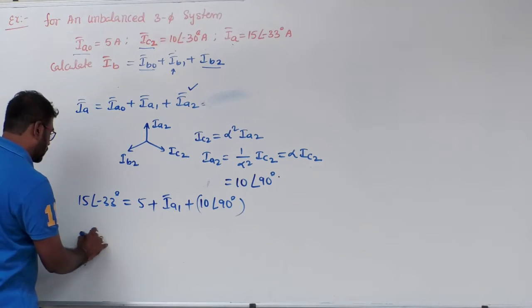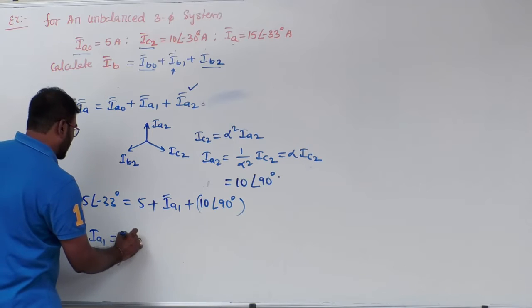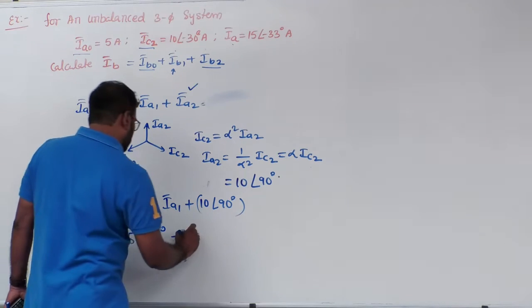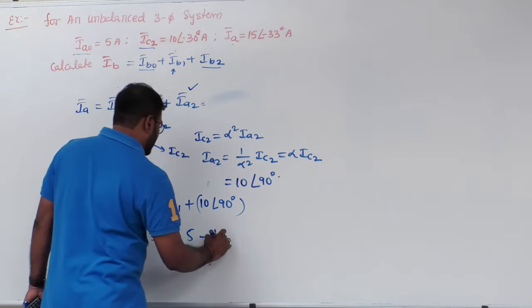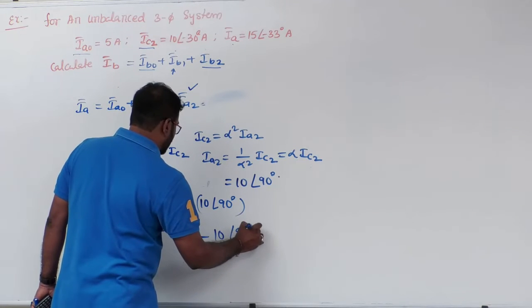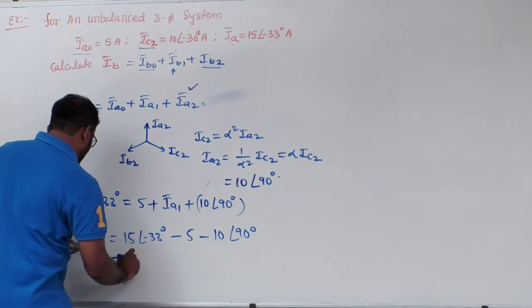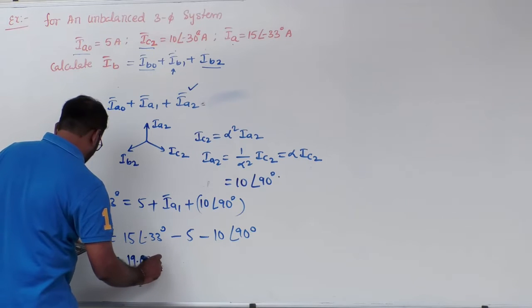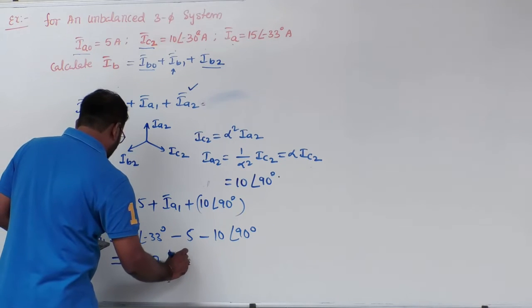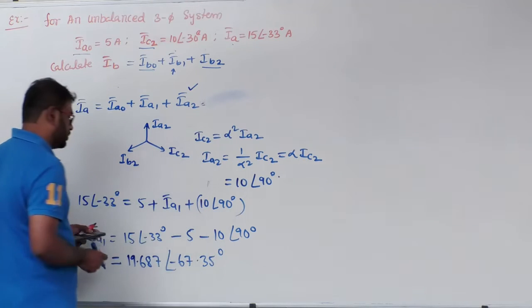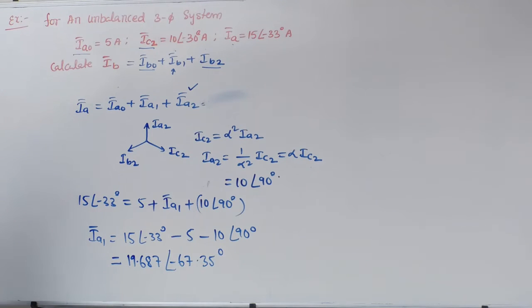So IA1 equals 15 at an angle minus 33 degrees minus 5 minus 10 at an angle 90 degrees. If I solve this, we get 19.687 at an angle minus 67.35 degrees. So that's IA1.